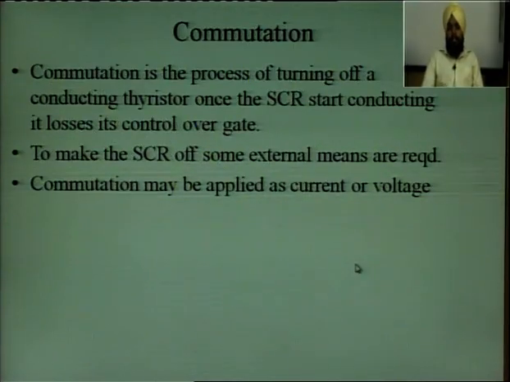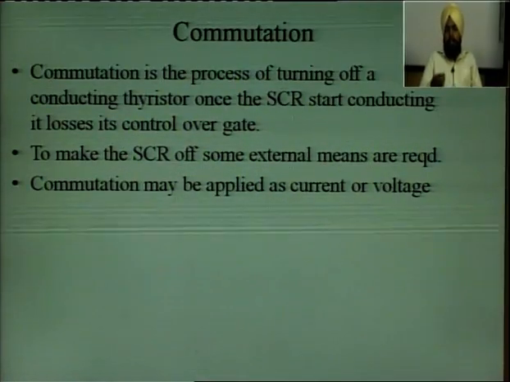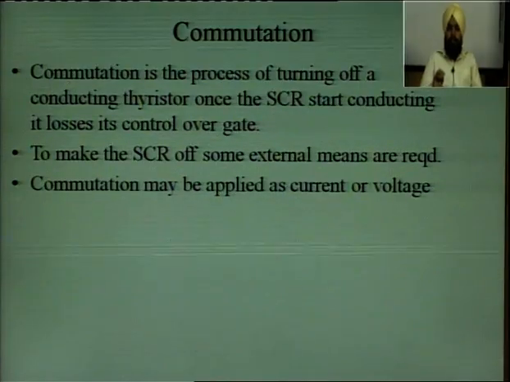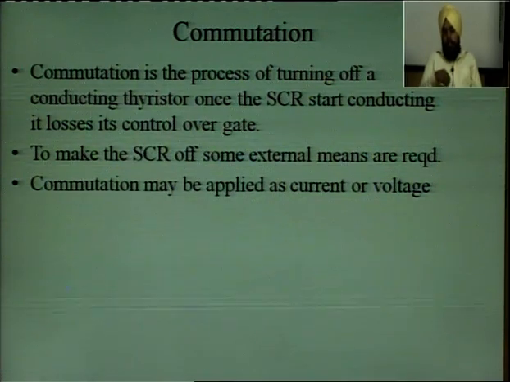So, next is commutation. So far we discussed the introduction of SCR, the turn on process of SCR, and the two transistor analogy. Now, there is one process to turn off the SCR also.